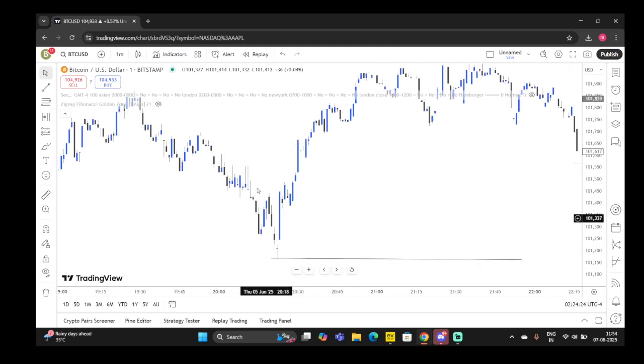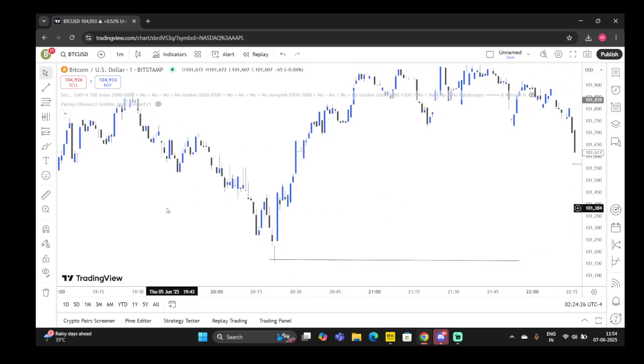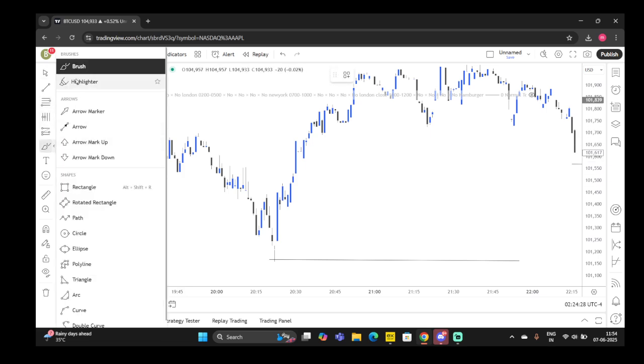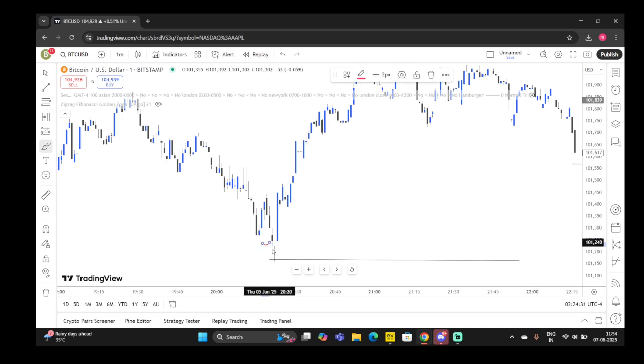Here when the market retraced, you can see a three candle swing. Whenever you see this 3 candle swing, the third candle will be the stop loss.